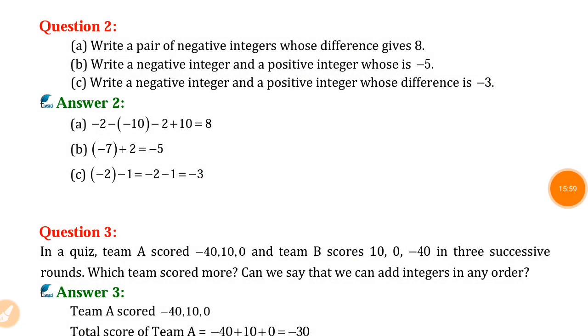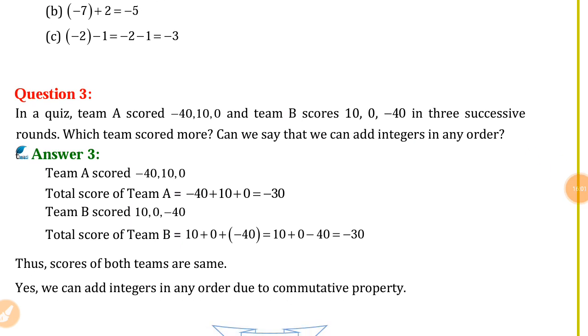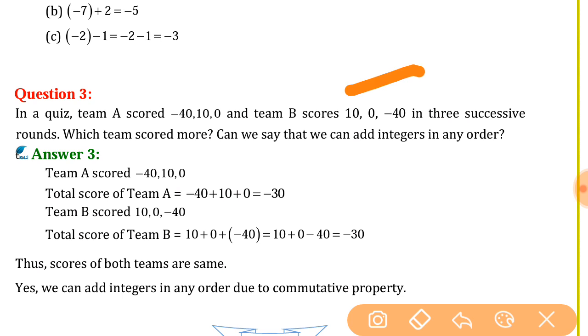Go for question number 3. In a quiz, team A scores minus 40, 10, 0, and team B scores 10, 0, minus 40 in 3 successive rounds. Which team scored more? Can we say that we can add integers in any order?